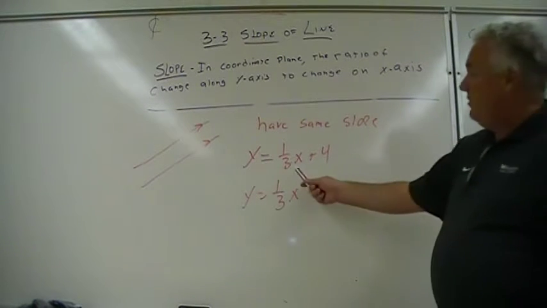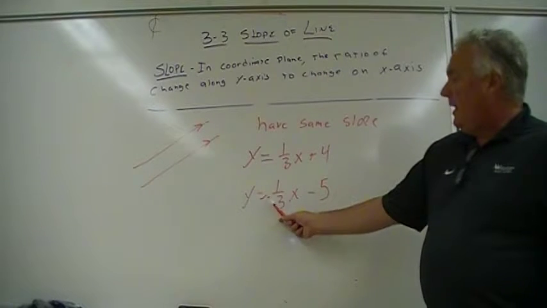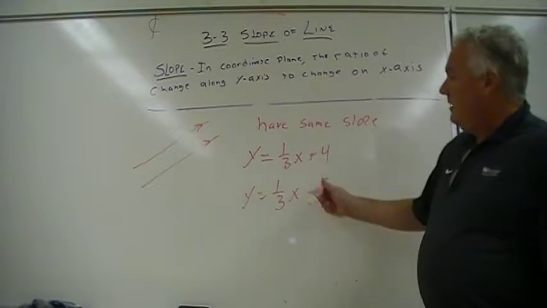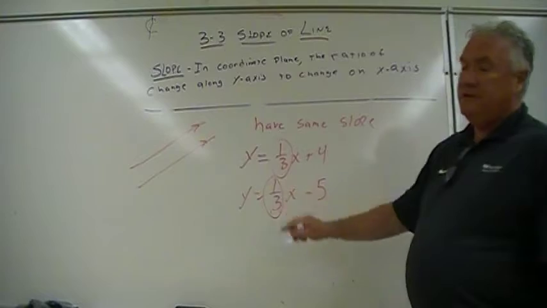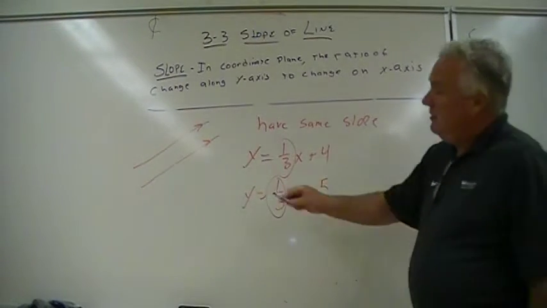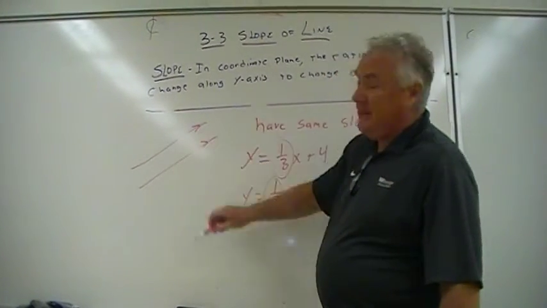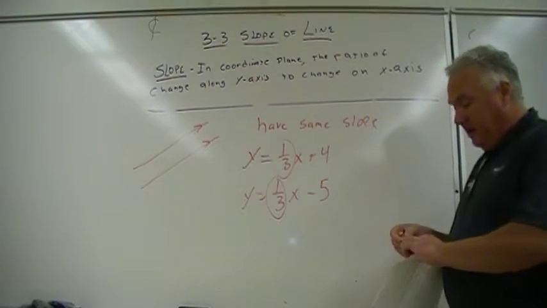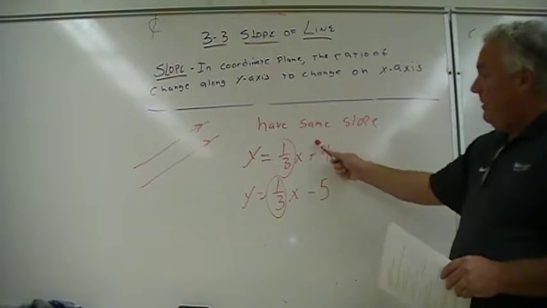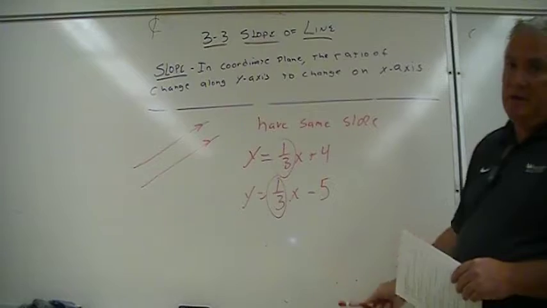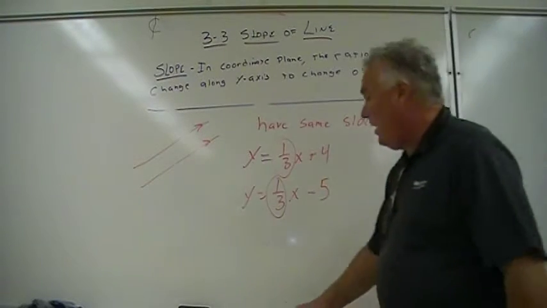When you have y equals 1/3 x plus 4, y equals 1/3 x minus 5. The slopes are the same so that they're at the same angle, the same rise and run. They are parallel and will never cross. Remember, this is your intercept. This is where it's going to cross the axis, the y-axis.